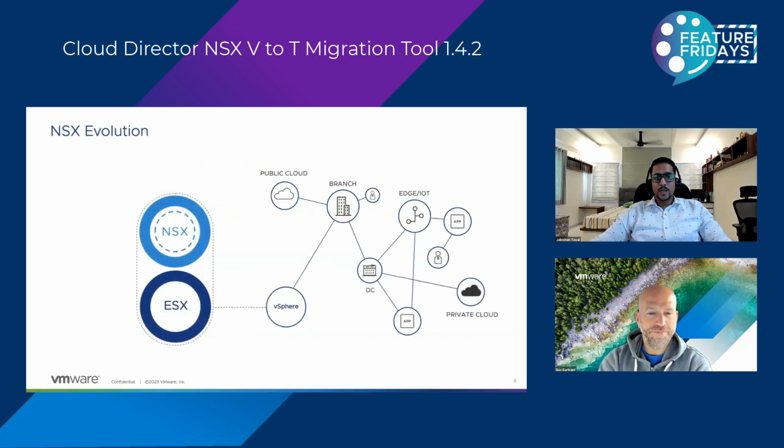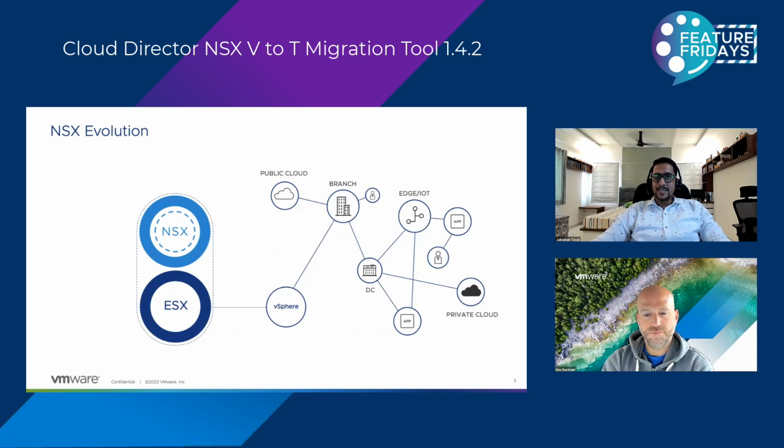To begin with, NSX came to VMware in the year 2012, when we bought Nicira, and it was co-integrated with vSphere, called NSX for vSphere. With that, you could connect to your public cloud or your data center's private cloud, but only through vCenter Server.